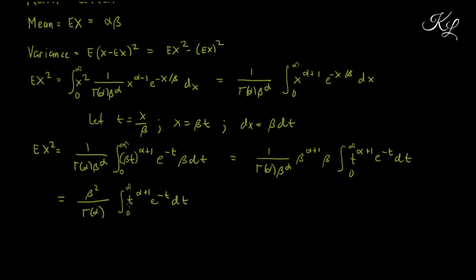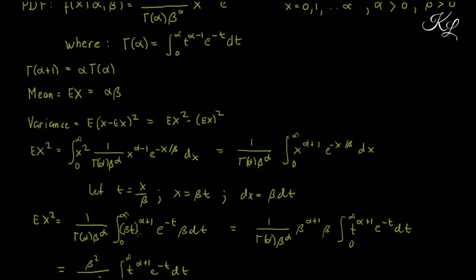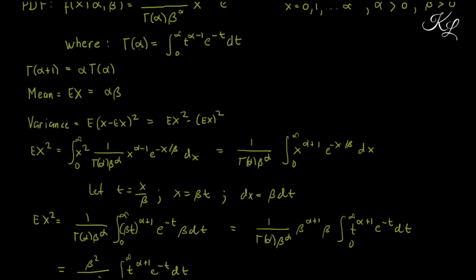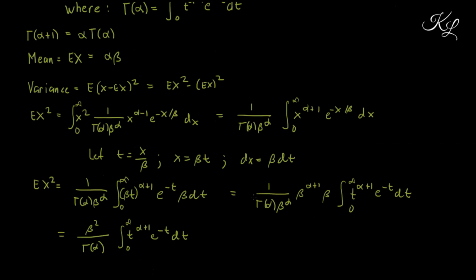Now, to make this one similar to this one, we have alpha minus 1 here, and this one is alpha plus 1. I will use a method that is different from what we have done for the mean. Let us first rewrite this definition.